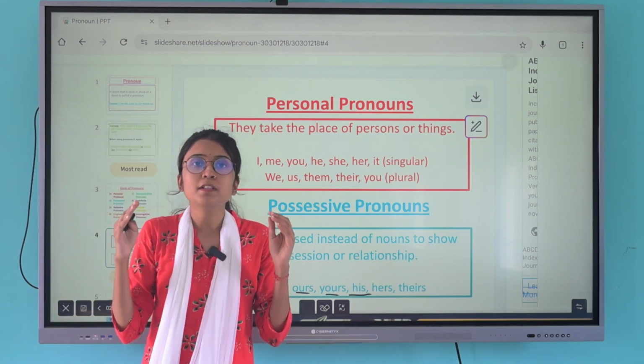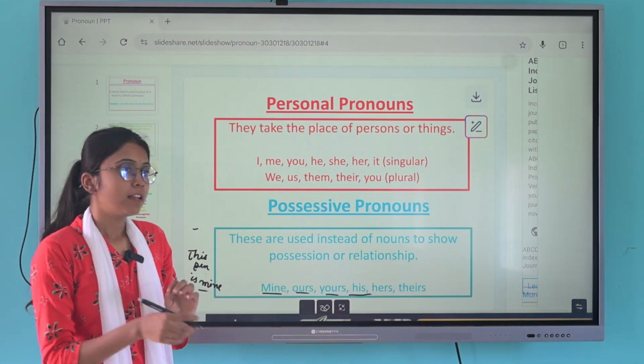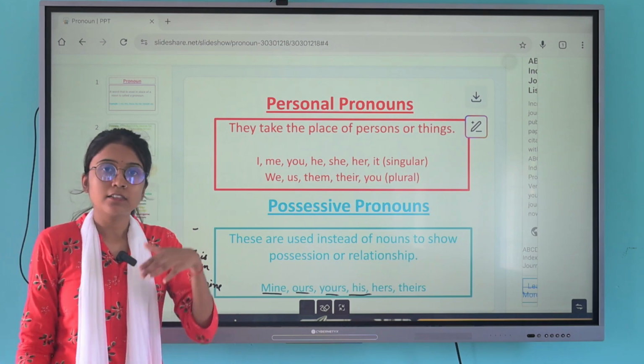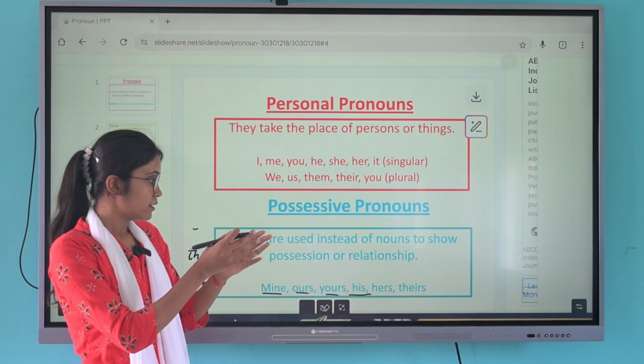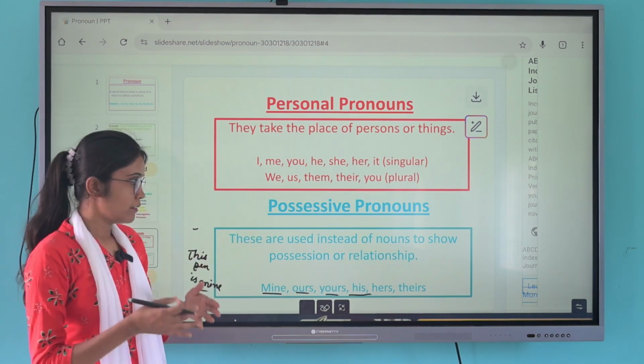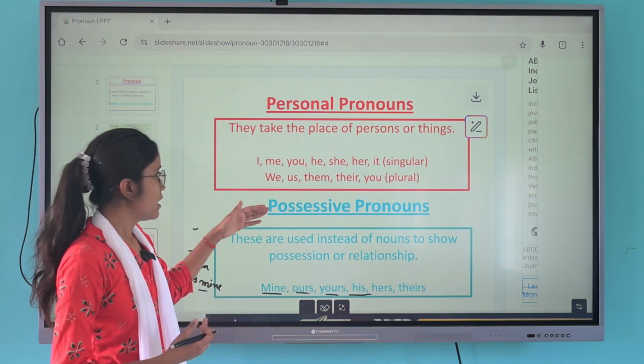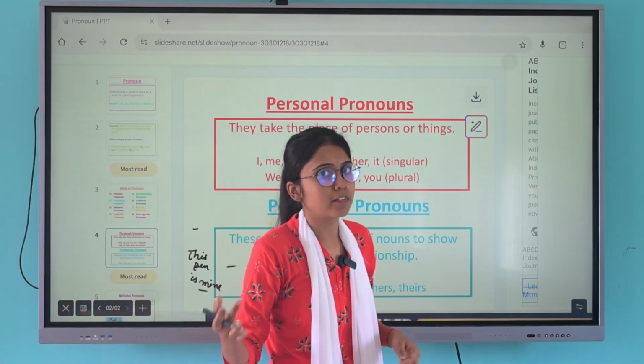This classroom is yours. This pen is hers, that bag is his. So all these examples we will use in sentences, and we will make sentences of possessive pronouns.